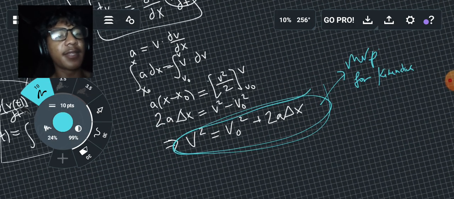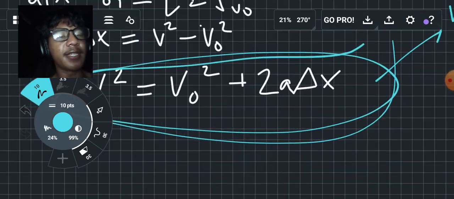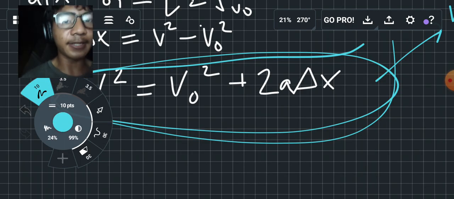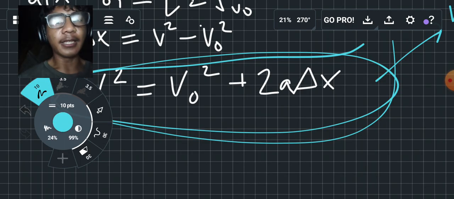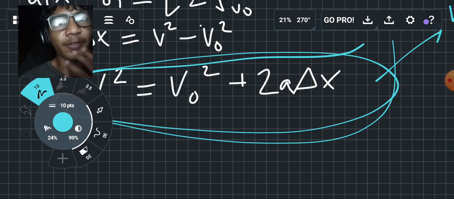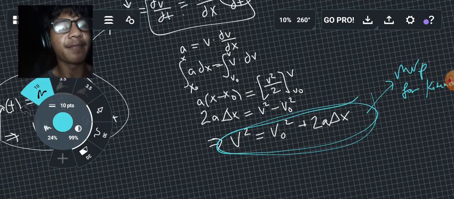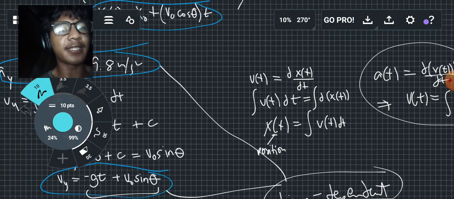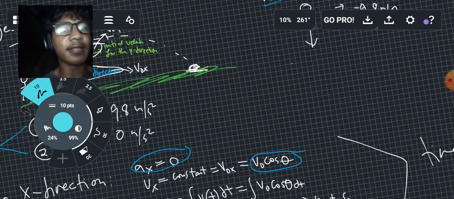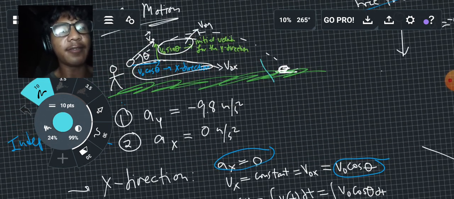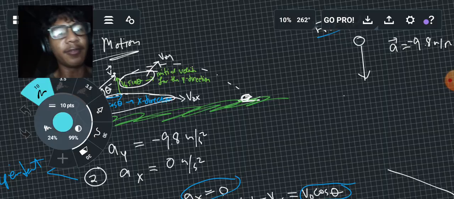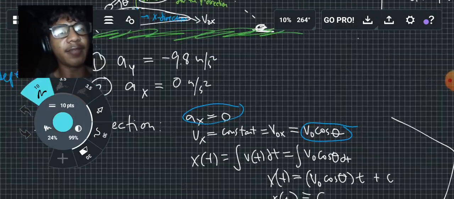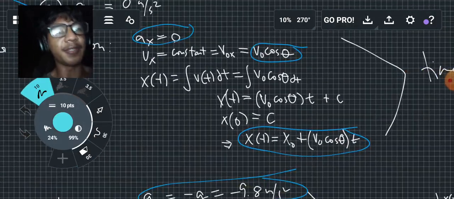Okay, so this works when you are not given information about time. So these are the formulas that I really cling to whenever I'm dealing with projectile motion.